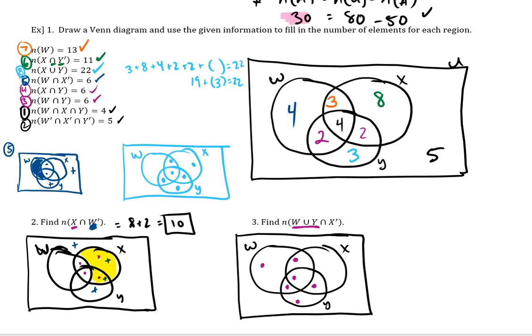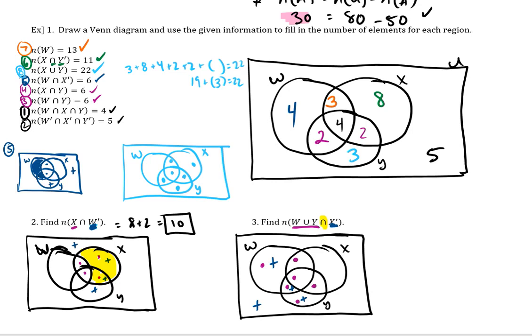Okay, and then it says and not X. So let me go ahead and mark the not X. Not X is outside of the X circle. So it's the completely outside region. This one, this one, and this one. Okay, and so where do they have a common region? That is our final answer.